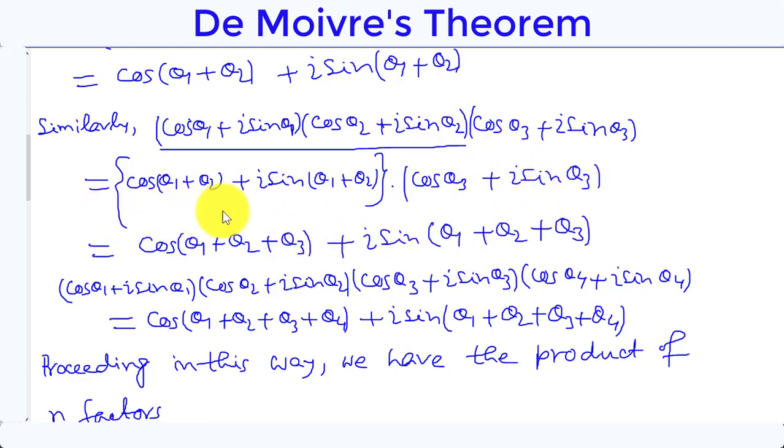Again, multiplying these two terms, we have cos (theta 1 plus theta 2 plus theta 3) plus i times sin of (theta 1 plus theta 2 plus theta 3).